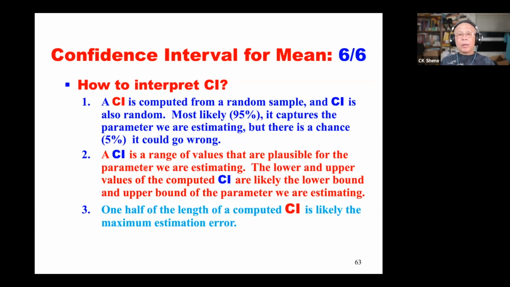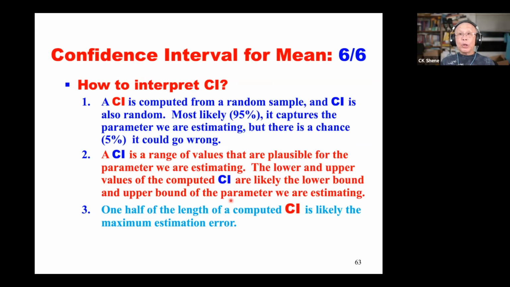The second interpretation goes as follows. A CI is the range of values that are plausible for the parameter we are estimating. That is, the values inside a confidence interval are likely the parameter we are trying to estimate. The lower and upper values of the computed CI are likely the lower bound and upper bound of the parameter we are estimating.